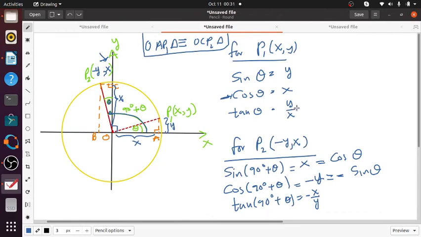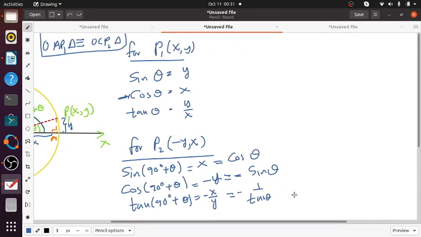Tan theta is equal to y over x. Hence tan of 90 plus theta is equal to minus 1 over tan theta, so 1 over tan theta is cot theta.